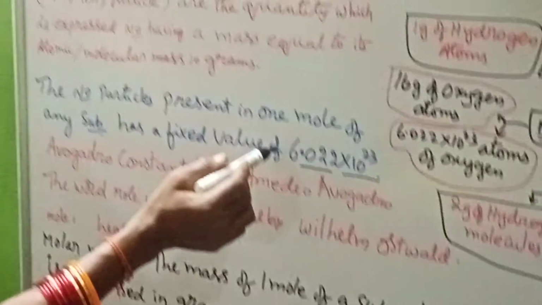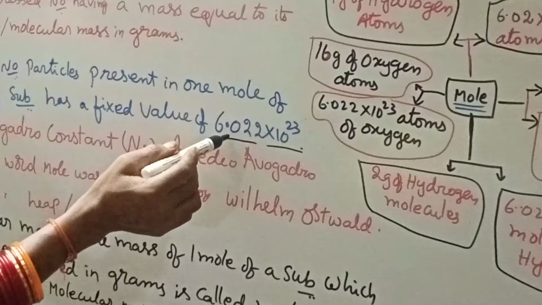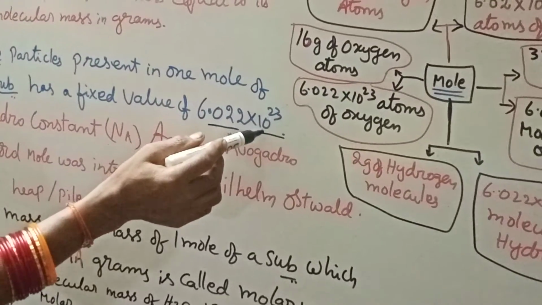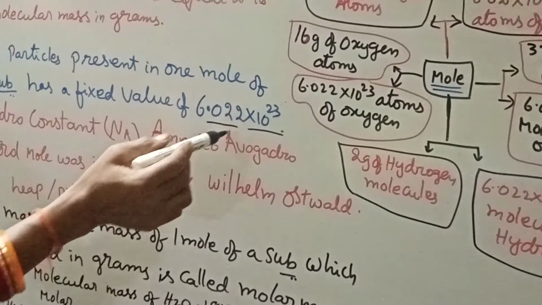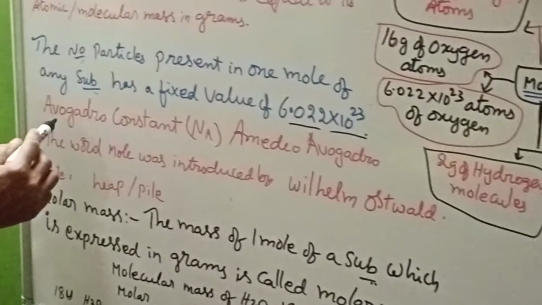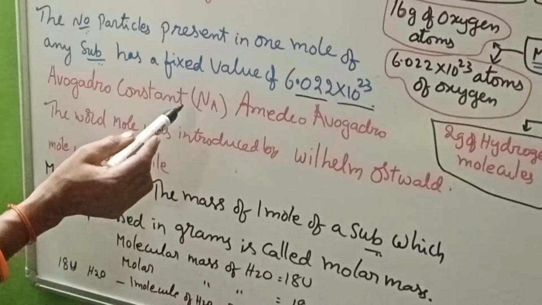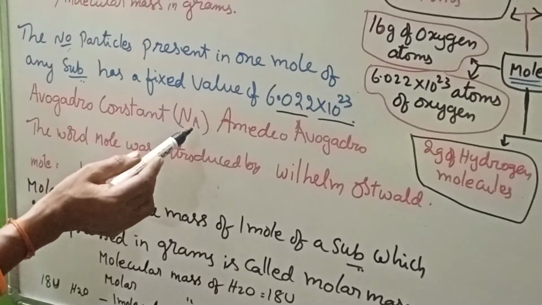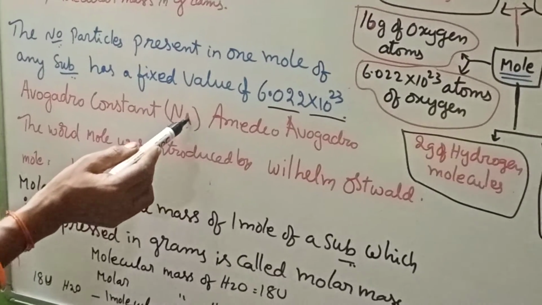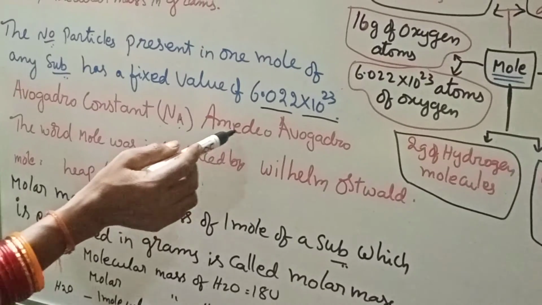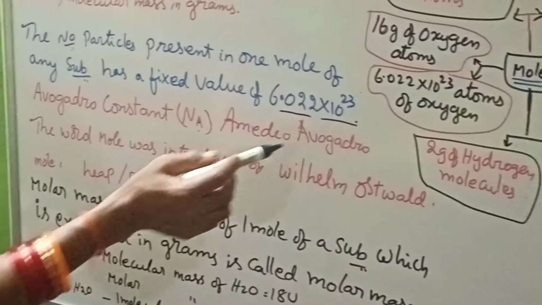6.022 into 10 to the power 23 is called Avogadro's number, because Avogadro's constant is represented with capital N subscript A, after Amadeo Avogadro.